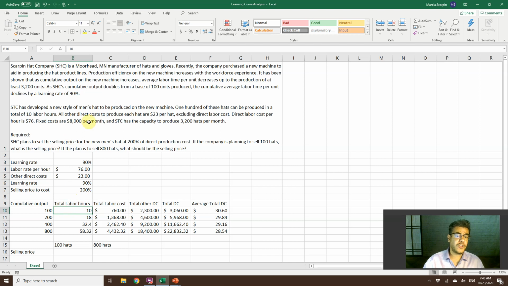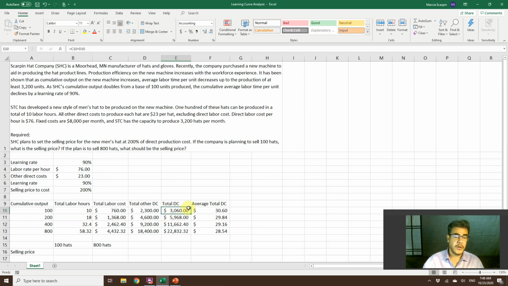All other direct costs to produce each hat are $23 per hat, excluding direct labor costs, because direct labor cost per hour is $76. And fixed costs are $8,000 per month.